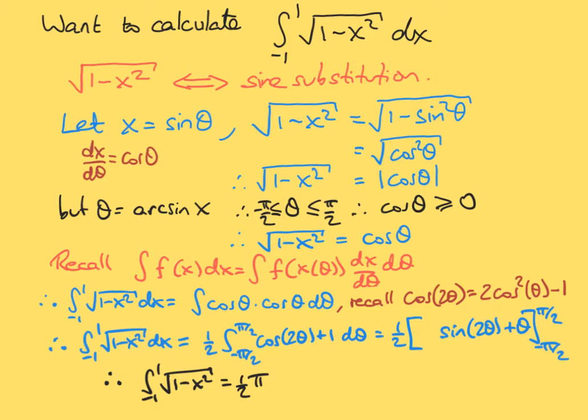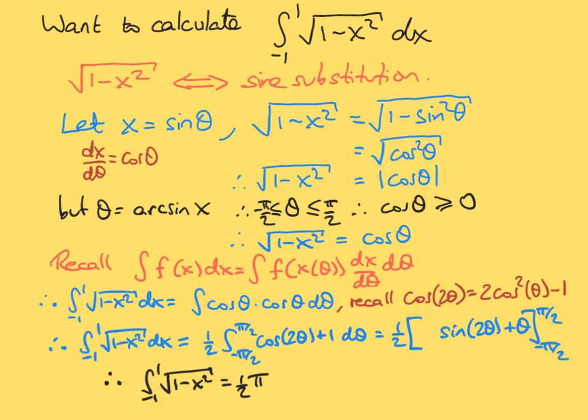When we make a change of variables like this, the formula we're using is this one. So we have some function that we want to integrate, and we rewrite x with respect to a new variable. Here we're saying x is sine theta, and then we just rewrite the entire integrand in that way. And here we've seen we get a beautiful simplification.